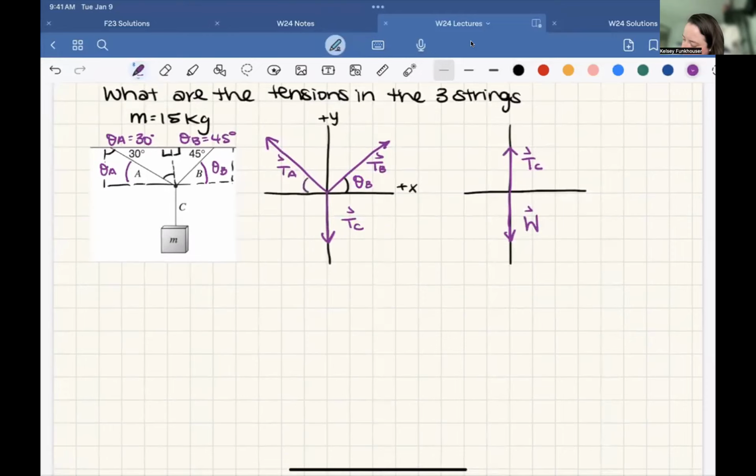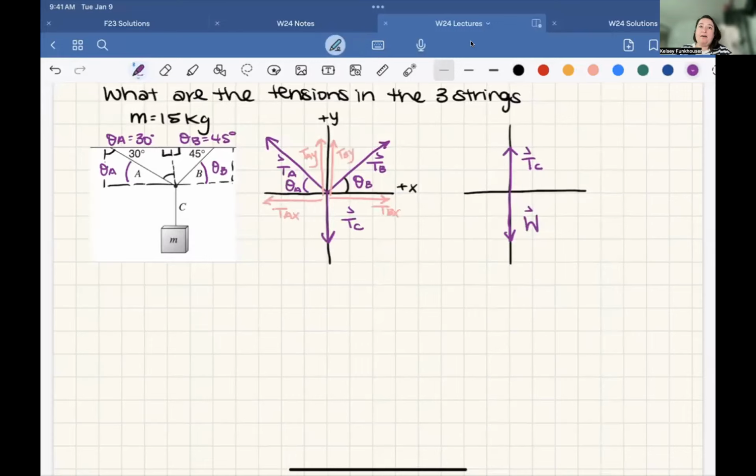Theta B, theta A, and then I'm also going to put my X and Y component. So the Y component of B and X, and for A, Y and X. Cool.